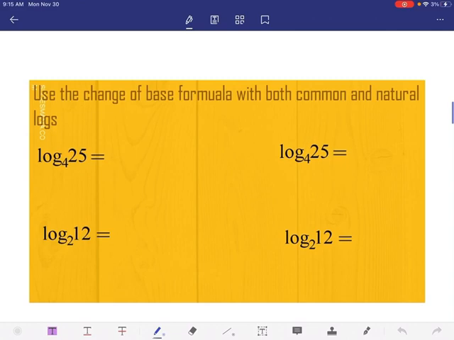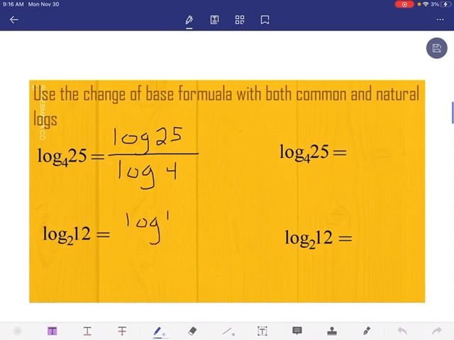So for our common log, remember it's a base of 10, but because we don't have to write it, it's just going to be log, and then our number that's inside of the logarithm is what goes on top, divided by log, and then our base is what goes on bottom. So we would have log of 25 divided by log of 4. And our next one, we would do the same thing, except we have log of 12 divided by log of 2.